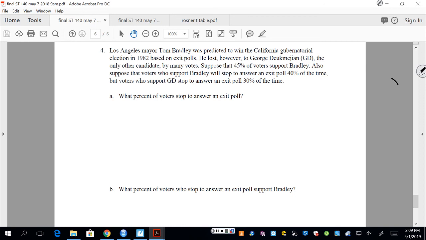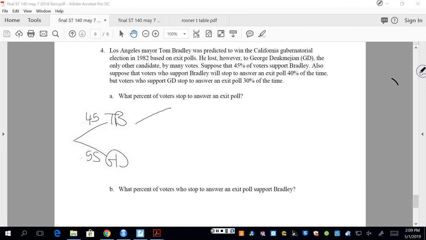Right? So this is going back to the conditional probability, maybe making a tree. In this case, there's a tree where there's Tom Bradley as one candidate, and George Deukmejian, right? And 45% for Bradley, so that means 55% over here.